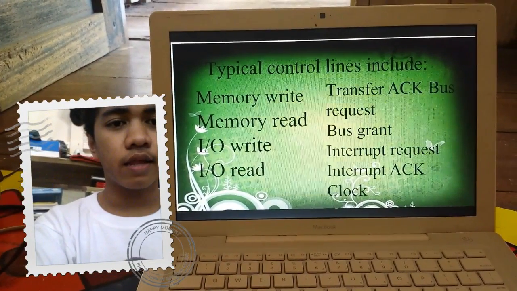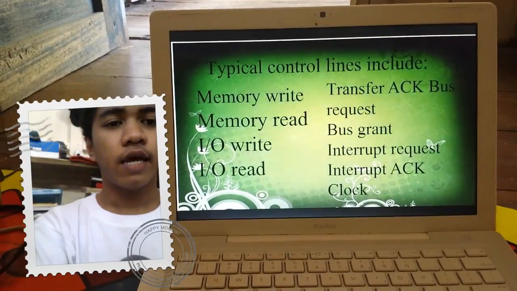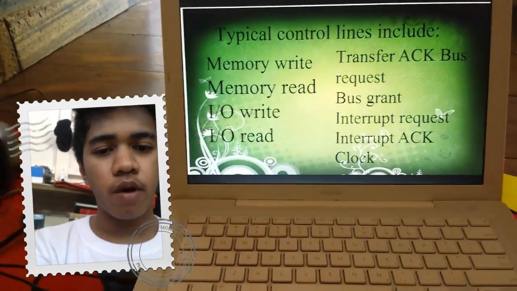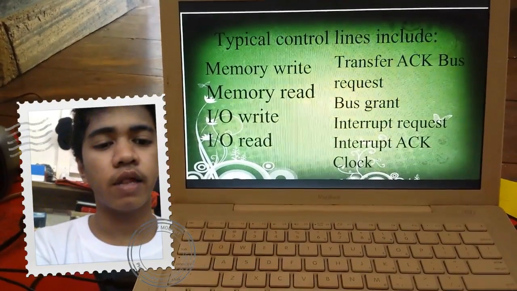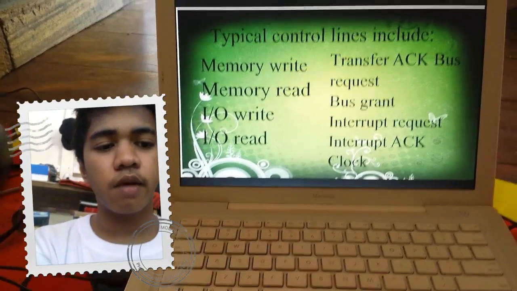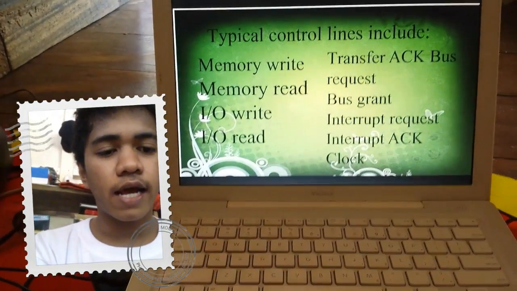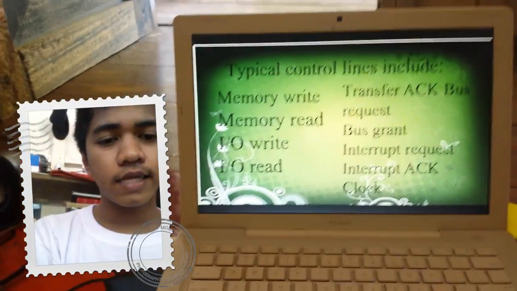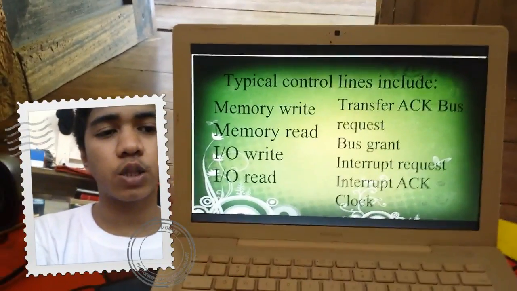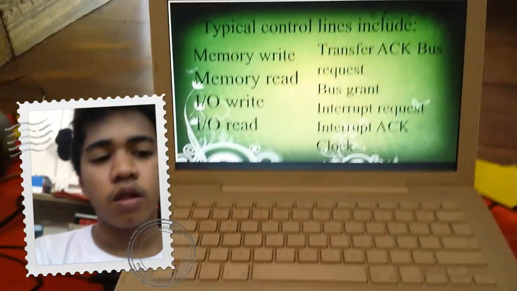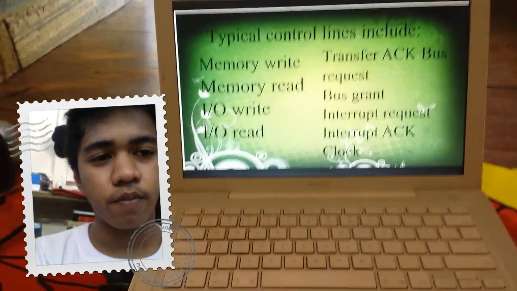Now we are at the typical control lines. It includes first the memory write. Memory write does not literally mean writing using a pencil or ballpen and paper. It is a control line that is assigned to get the data from the bus and move it to the designated location.